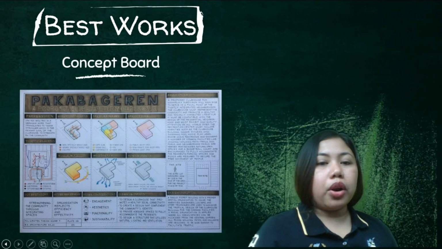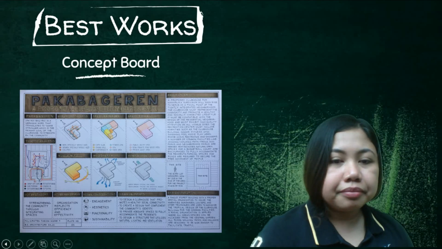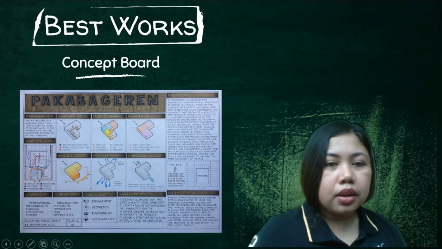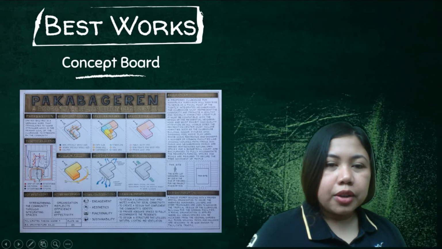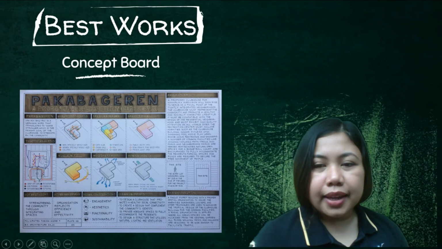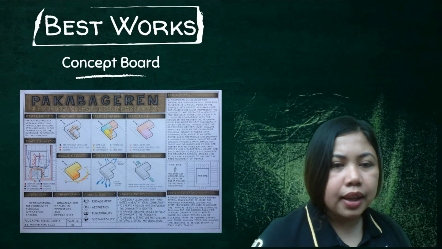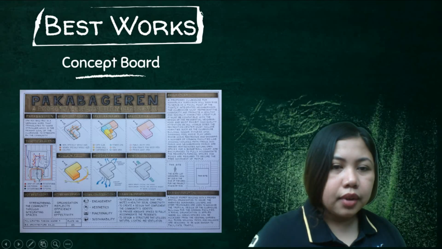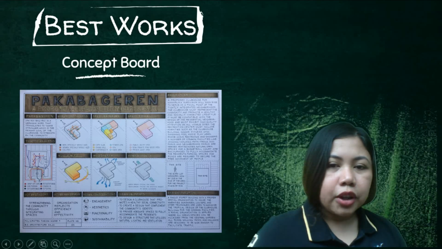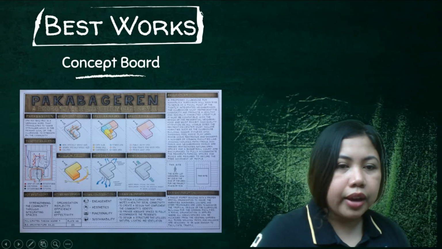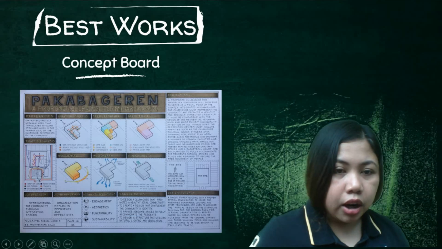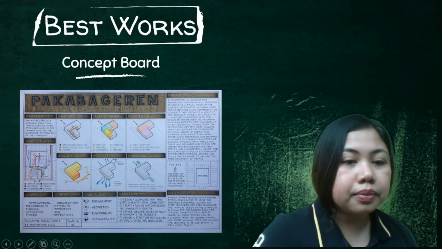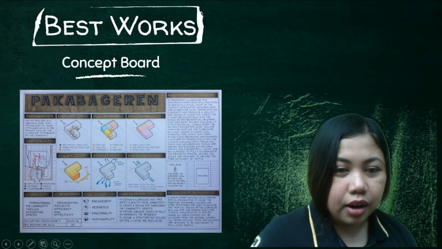So in the concept board, this work, I find it good, because in terms of presenting his or her idea, he is organized. Her lettering or his lettering is regular, easily readable. The illustrations are clear.